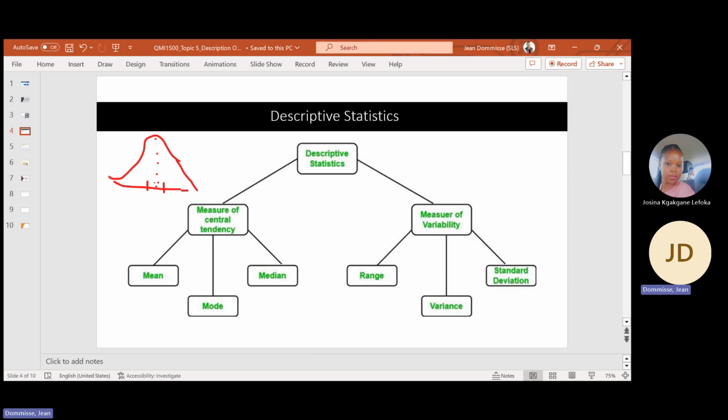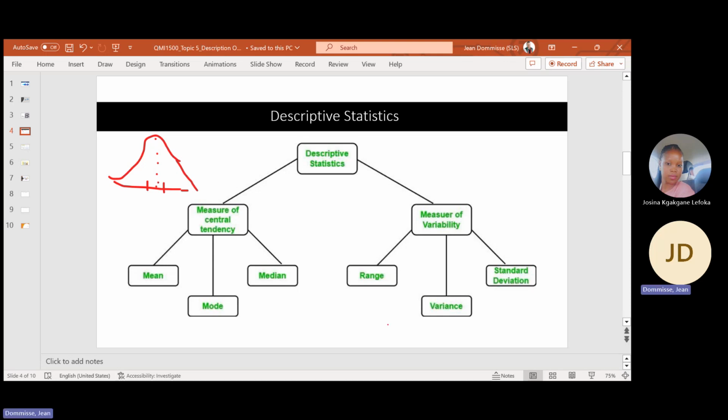So you will have a mean, mode, and median, and all are supposed to be quite close to one another. If all of them are equal, our distribution will be called a normal distribution.